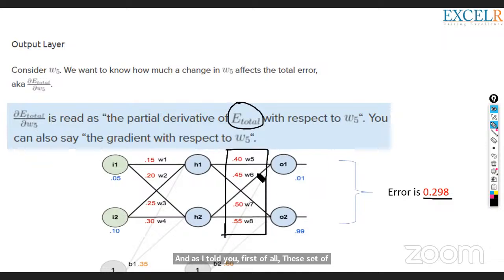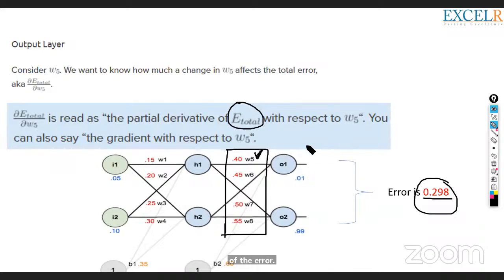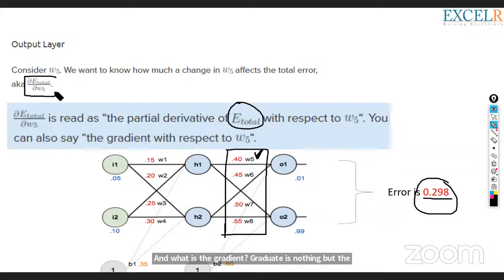So let's see one of the weights, which is W5. Now to optimize this error with respect to W5, it will calculate the gradient of the error. And what is the gradient? Gradient is nothing but simple differentiation: differentiation of total error with respect to W5.